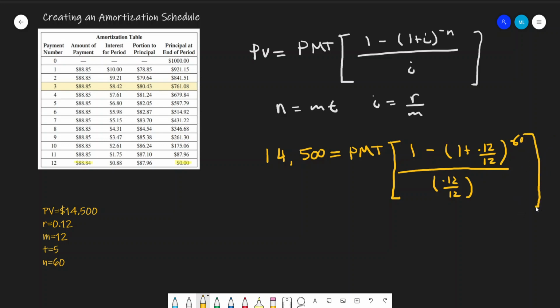Again, we don't know what the payment is. Now, what I want to do is reduce this as best as possible before inputting it into the calculator.